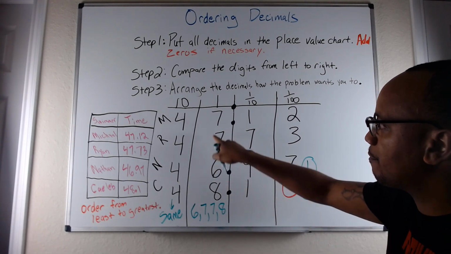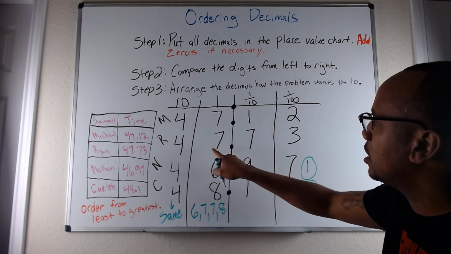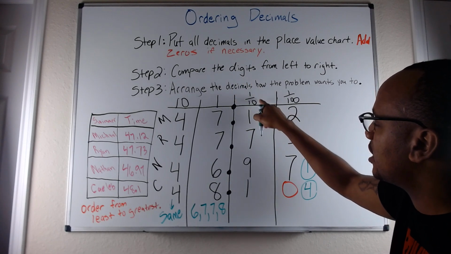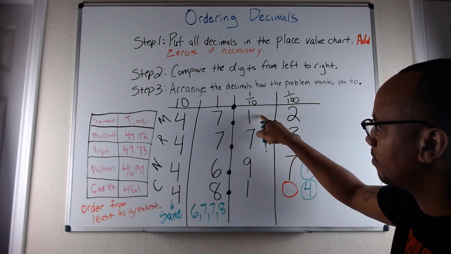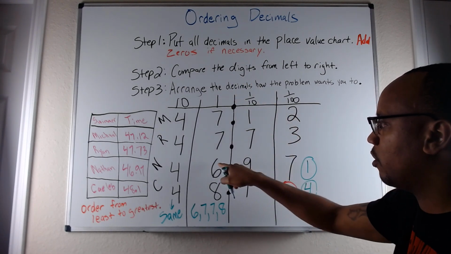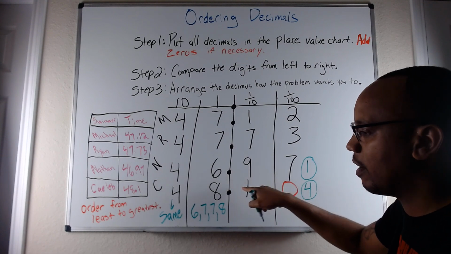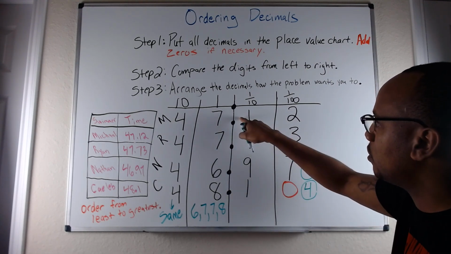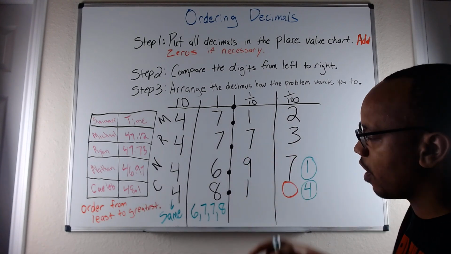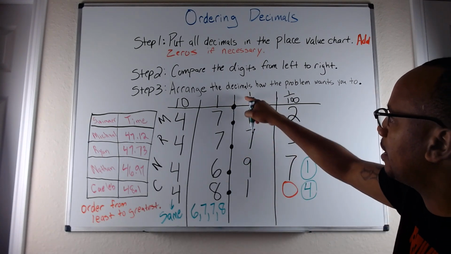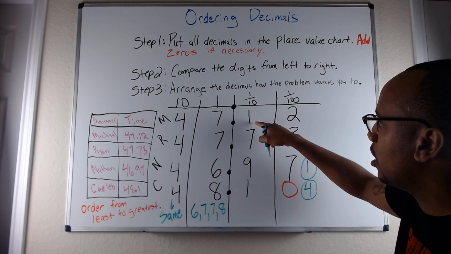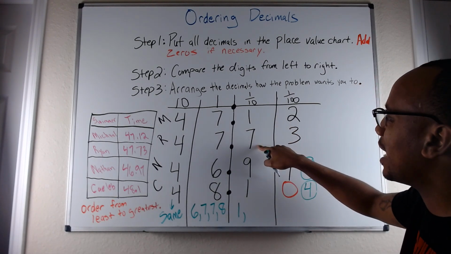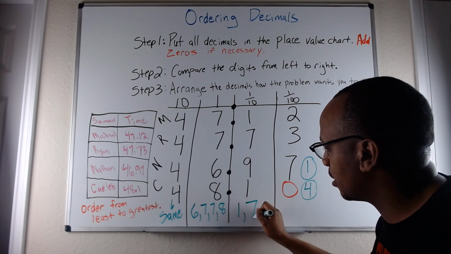You won't know that from the ones spot. So you take these two numbers with 7 and you look at the tenths spot. You no longer care about Nathan or Caleb because they already got their spots. But you're still looking at Michael and Ryan, in the tenths spot now. You see Michael has a 1 and Ryan has a 7.